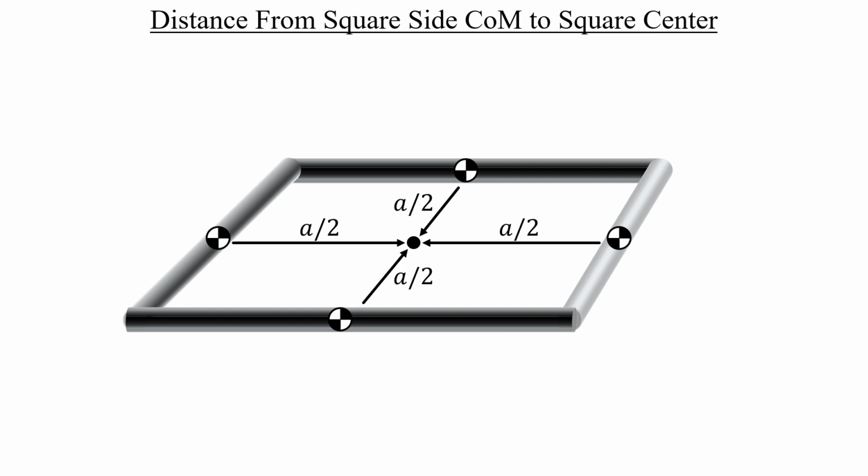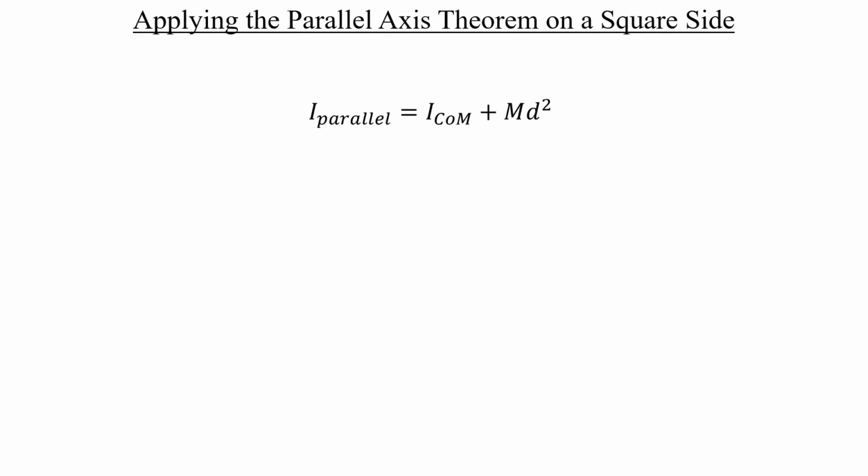So this means if we use the parallel axis theorem on just one side of the square, we can multiply the result by 4 to account for all of the sides, and then we're done. So let's move on to that part next. Here's our definition right up here at the top, just as a reference, and we're going to plug in the values that we've found so far.